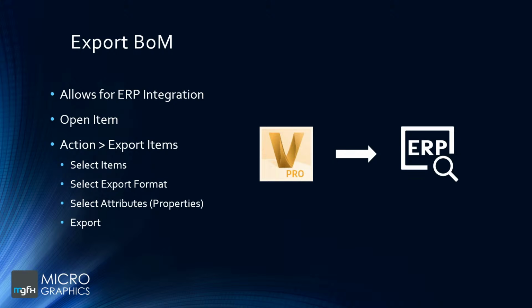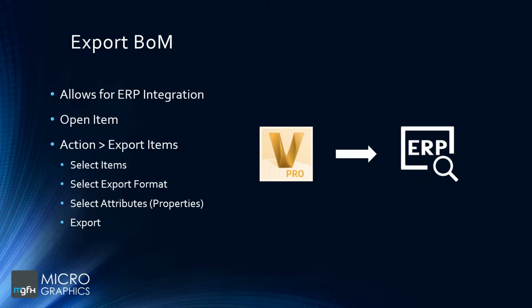So once a design is released and you need to provide information downstream to purchasing, they need to supply that information to suppliers, you're able to extract that from Vault and give it to your purchasing department in a format that they could potentially import into the ERP system.